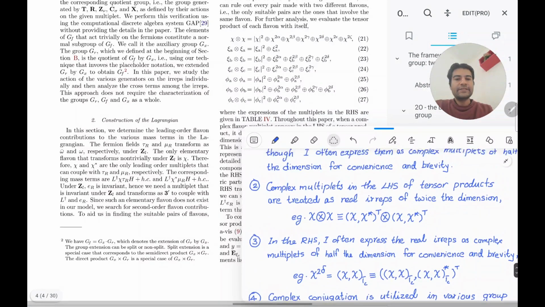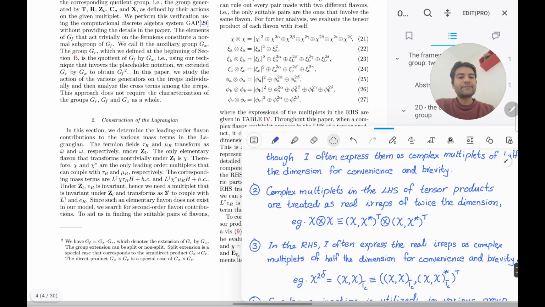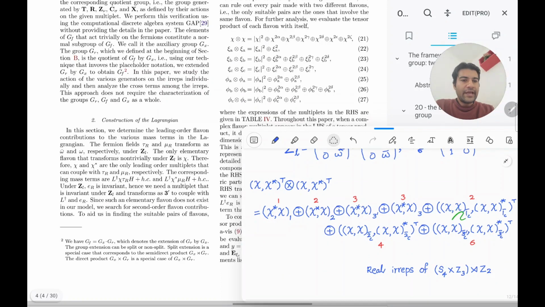The next point is, in the RHS, I often express the real irreps as complex multiplets of half the dimension for convenience and brevity. Let me explain this with our example. So we have this two-dimensional real irrep, chi chi 1c bar and chi chi 1c bar star.